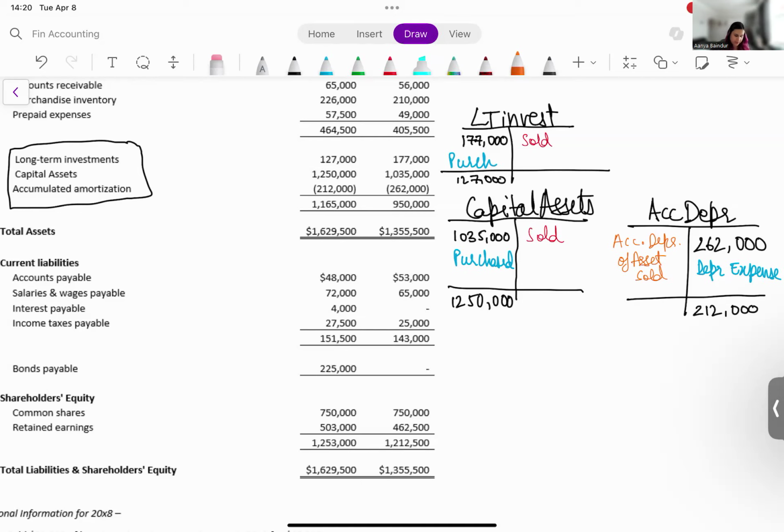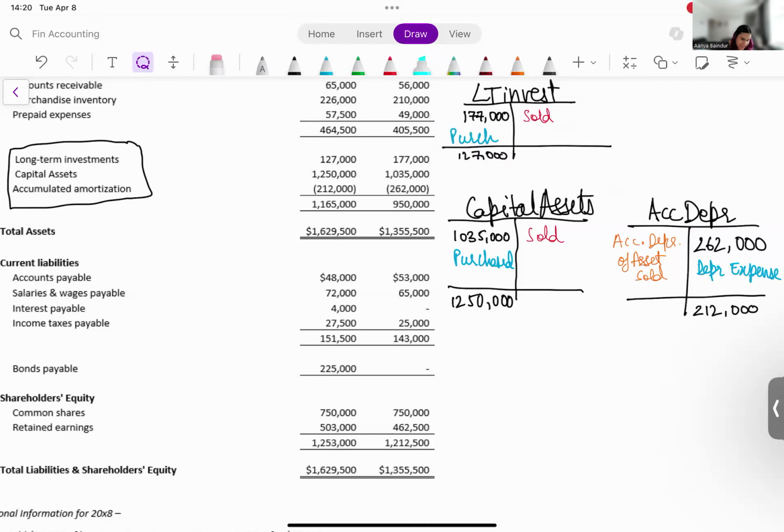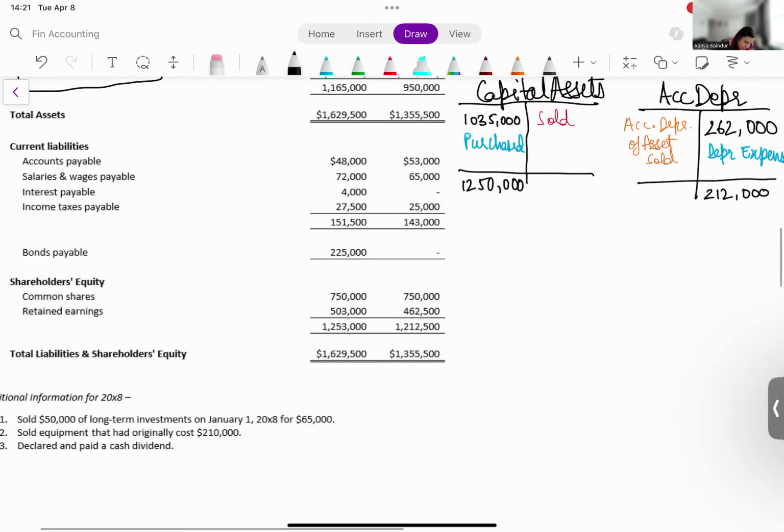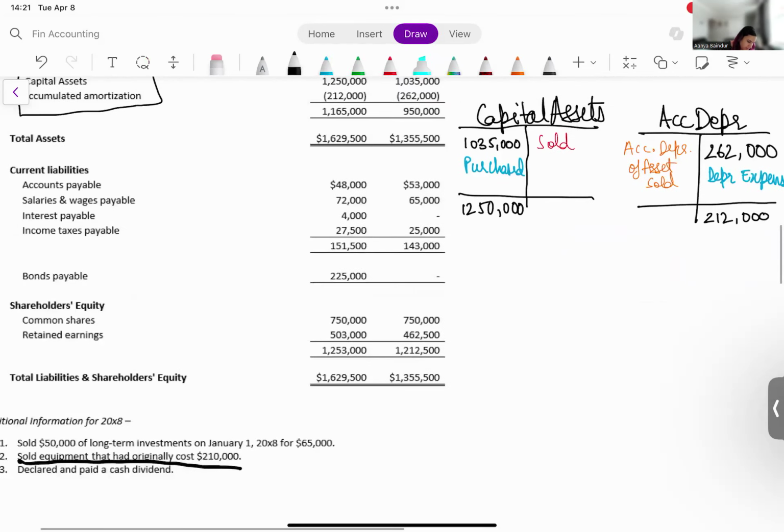Okay, now let's go to the question and try to fill out as many of these blanks as we can based on the information that we are given. So I'll deal with long-term investments a little later. Let's first work with capital assets and the accumulated depreciation associated with it. We are told that during the year, we sold equipment that cost $210,000.